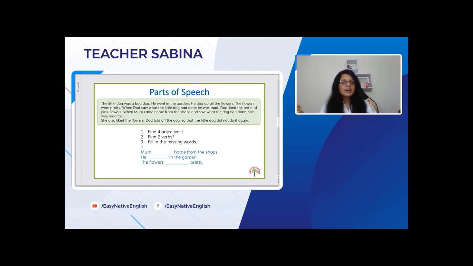So we need to find 4 adjectives. Okay? So if we have a look at the text, it's the same text that we read. You can see the text up here at the top. Now, can you write down 4 adjectives? Now, adjectives describe a noun. So the first thing you need to do is identify your nouns.